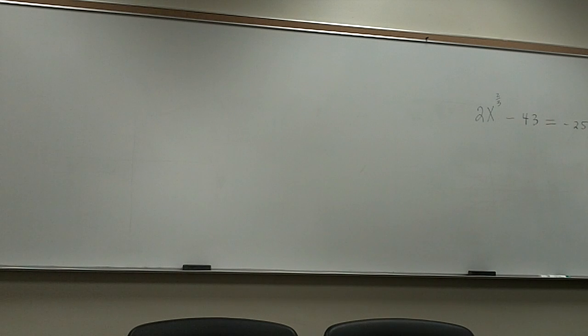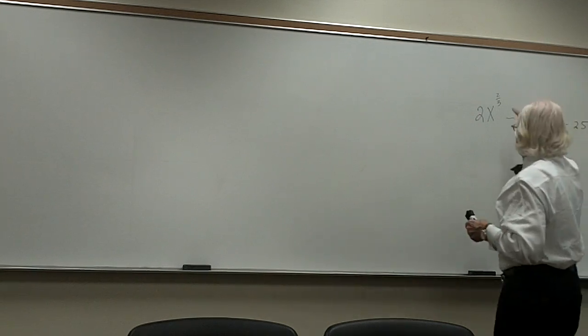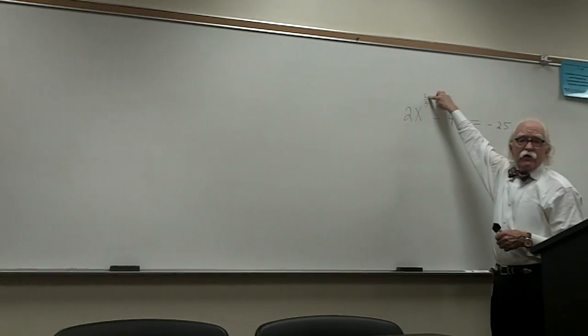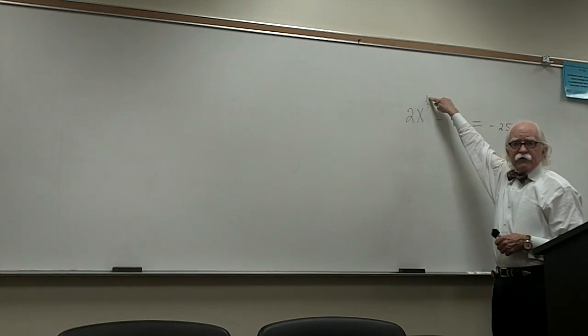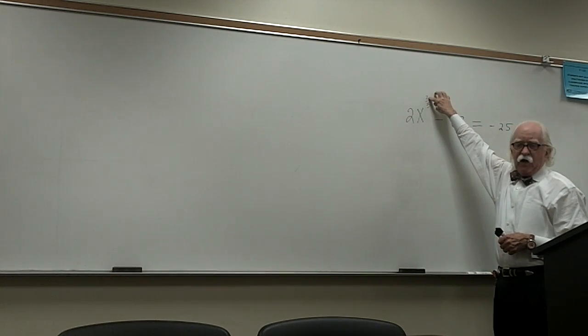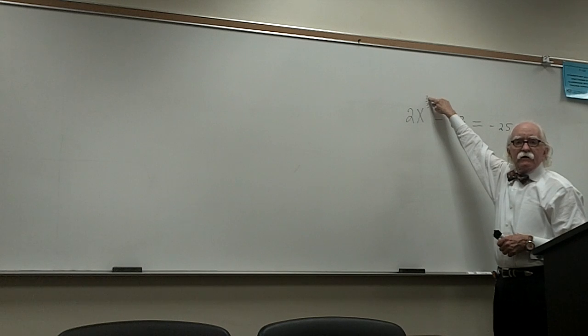Anybody tell me why that's the wrong answer? You're close, but it's really plus or minus 27. The reason is, you see this right here? Because that's an even number. Be real careful that you don't miss that. If it's an odd number, you don't care.